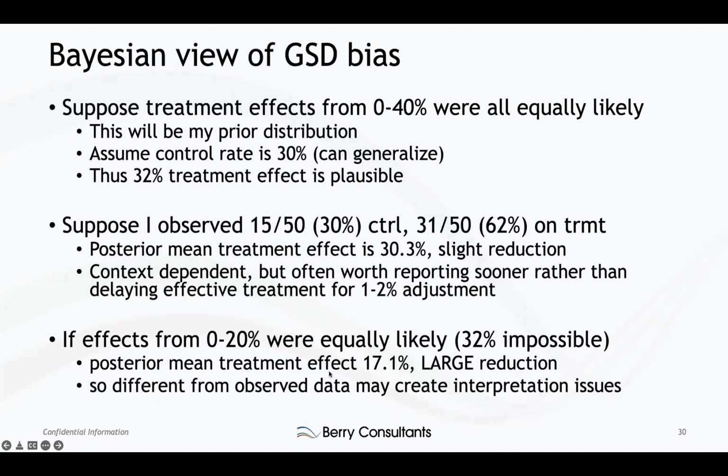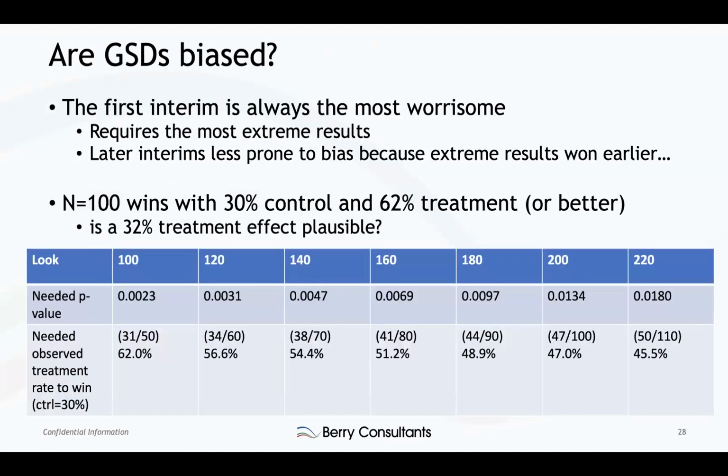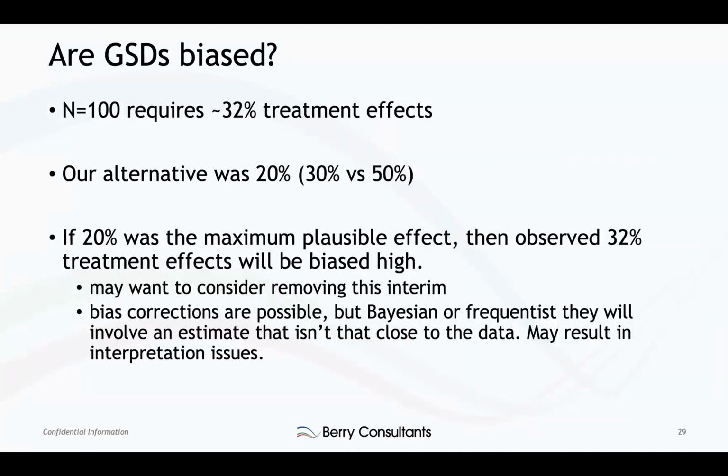And this is the kind of case where I'm not so fond of the 100 interim. In fact, I may not be fond of some of these interims. I may decide that's a trial where I do want to go to the max. I may still want to stop for futility. But maybe there are some trials where we don't do success stopping, because we don't think we're going to get a plausible answer until we hit some minimal sample size that's close to the maximum.